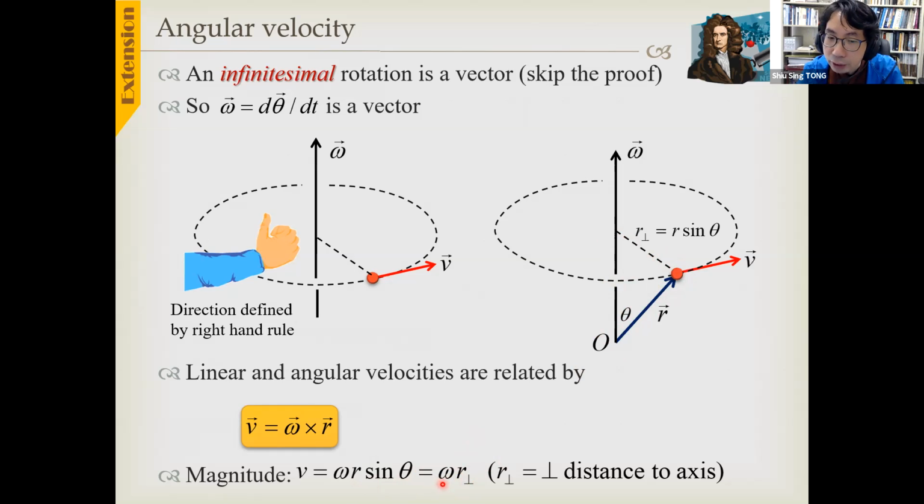So the equation simply reproduces the equation you learned in high school: the linear velocity being equal to the angular velocity multiplied by the perpendicular distance to the axis. So v is equal to omega r perp, where r perp means the perpendicular distance of the particle from the axis. Again, we check the magnitude, and the magnitude is also correct. So we can write v equal to omega cross r.